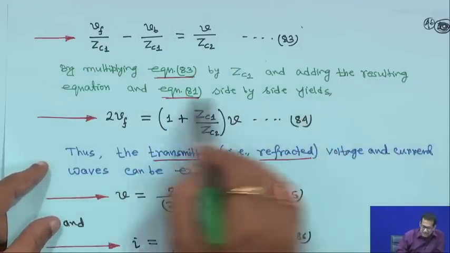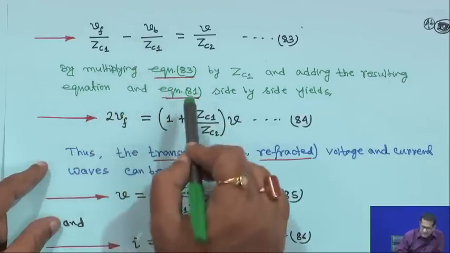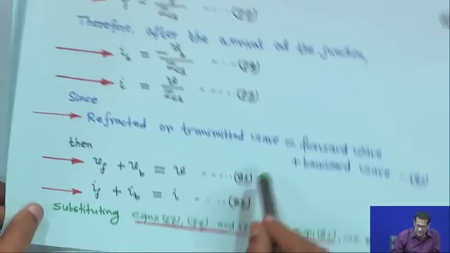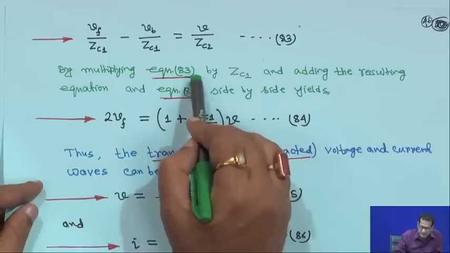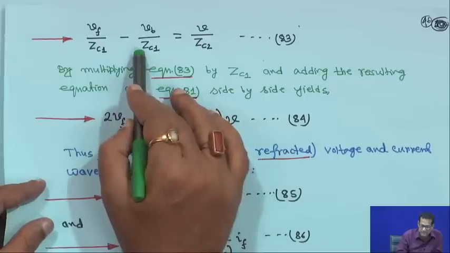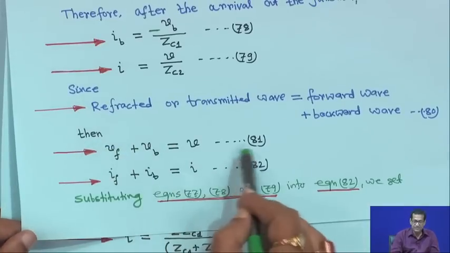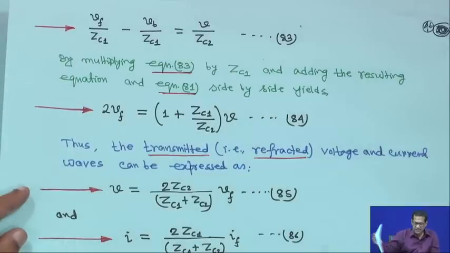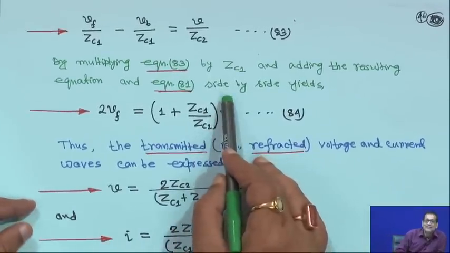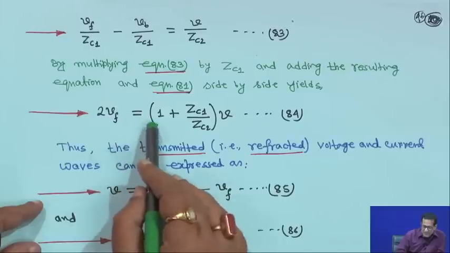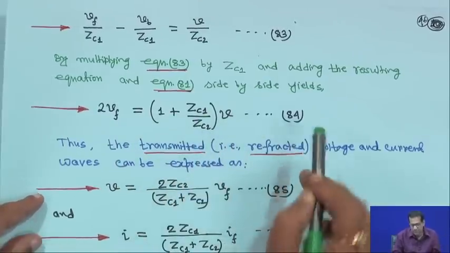Then you add equation 81, that means Vf plus Vb is equal to V, and you just simplify. I am not doing it for you, this is a very simple thing. You will get 2 Vf is equal to 1 plus Zc1 upon Zc2 into V, this is equation 84.